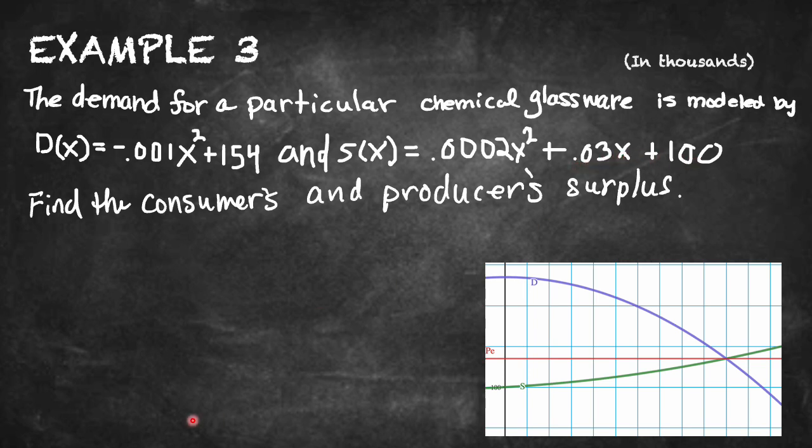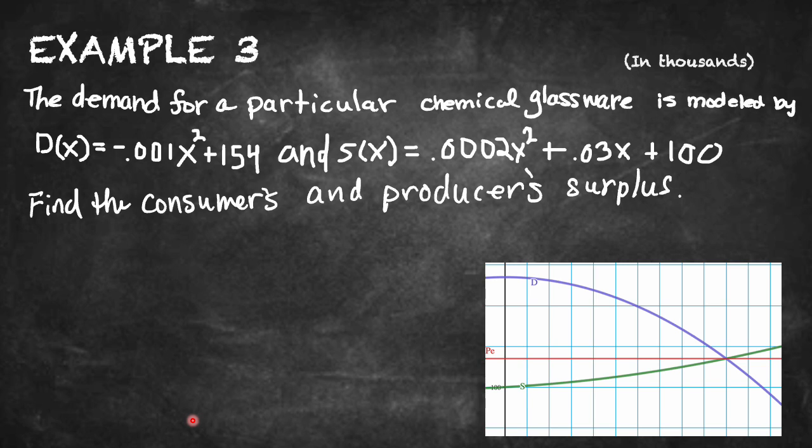So in order to find the consumer and producer surplus, since we're not finding it at a particular point, we want to find the accumulated amount that's trapped between two functions. For the consumer surplus, we want to find the area that's trapped between the demand function and the price.